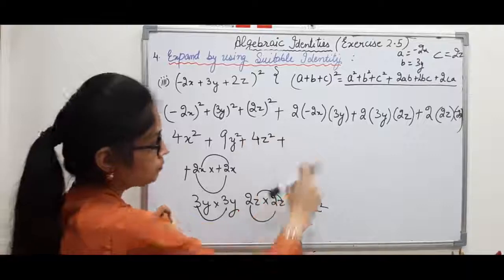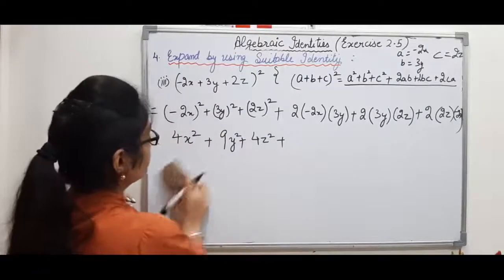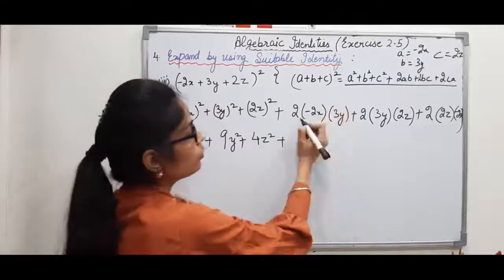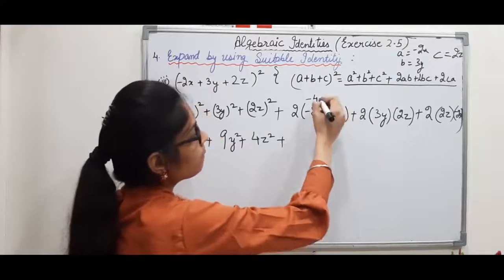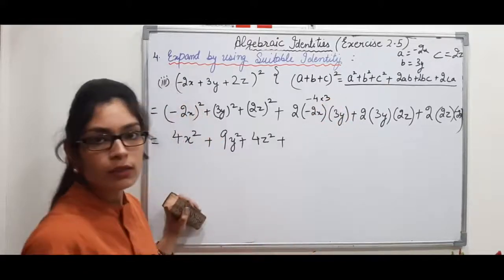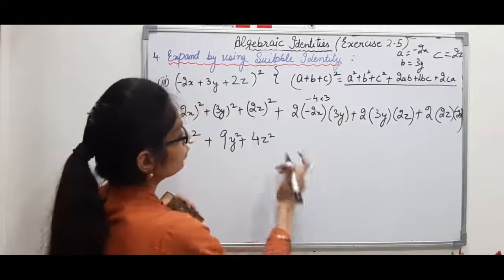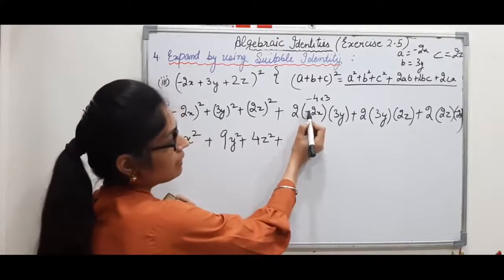Now this. So here if you see, 2 into minus 2. So 2 into minus 2 it is minus 4 into 3. Minus 4 into 3, it is minus 12. So instead of this plus sign, here I will write plus. In next step I will change, because here minus sign is there.